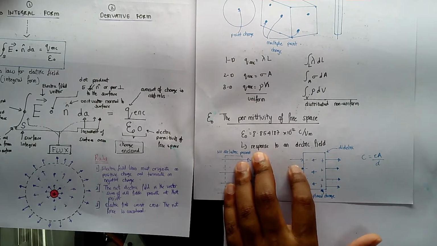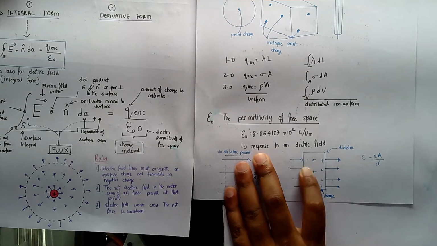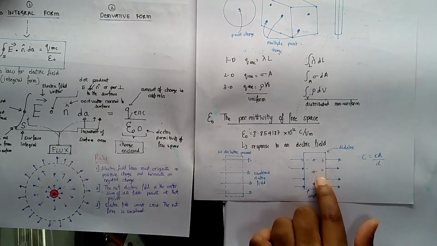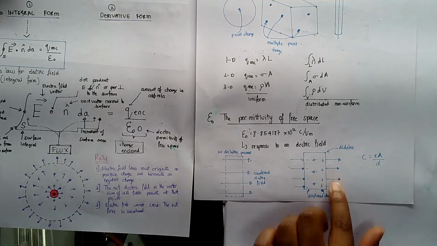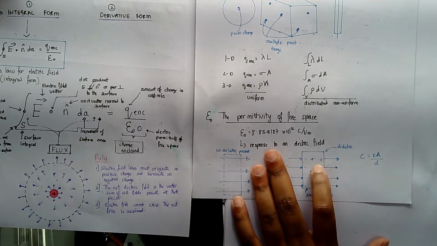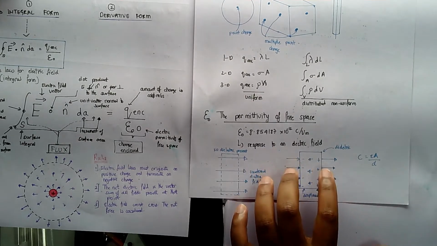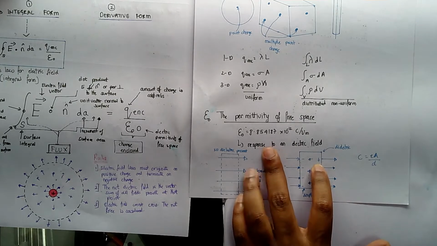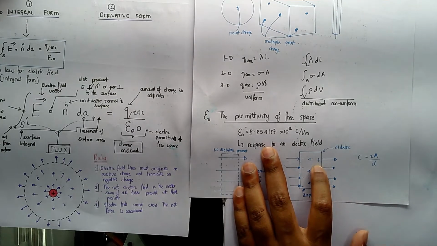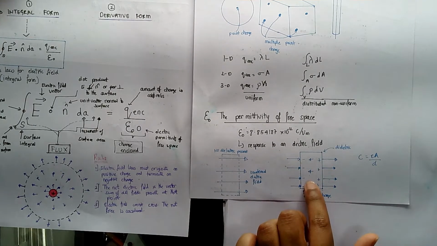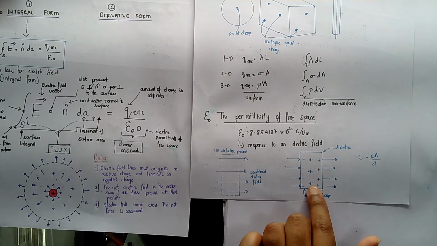Because the field is coming in, this side is going to be negative. And because the field is coming out from the other side, this is going to be positive. So these charges are now displaced within the dielectric, and then eventually it will start to conduct from positive to negative. So it'll basically flow from one direction to the other.